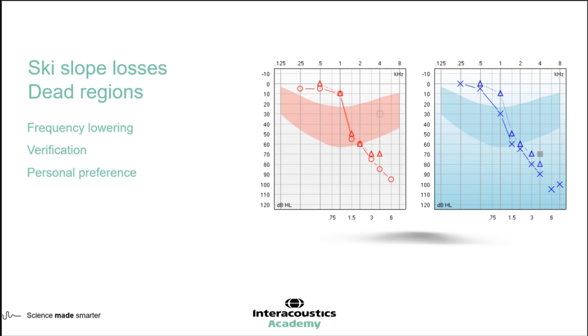You know, I remember seeing a case that an old colleague of mine saw. The patient just couldn't get on with his hearing aids. It was a much more steeply sloping loss than the example that's on the screen at the moment. And he was getting awful headaches from the amount of amplification that was going into the high frequencies. And he just refused to wear his hearing aids. So actually what they did was program a different audiogram.